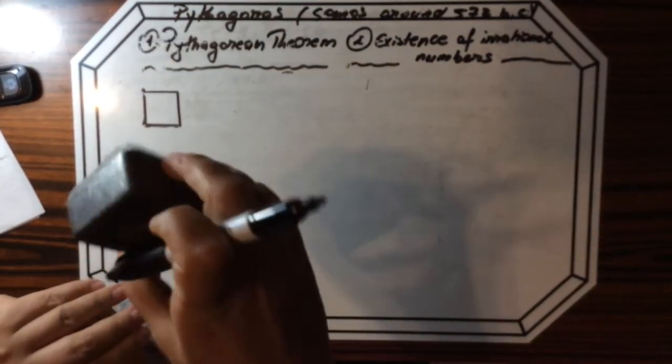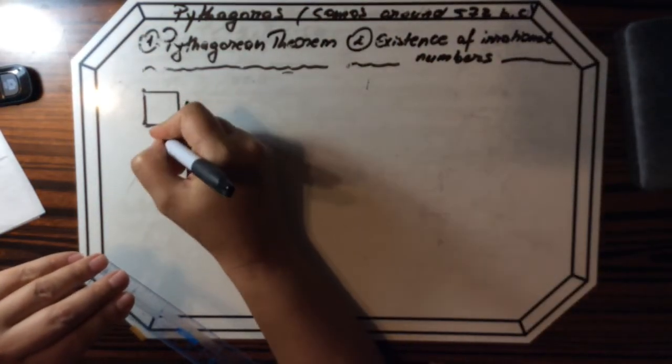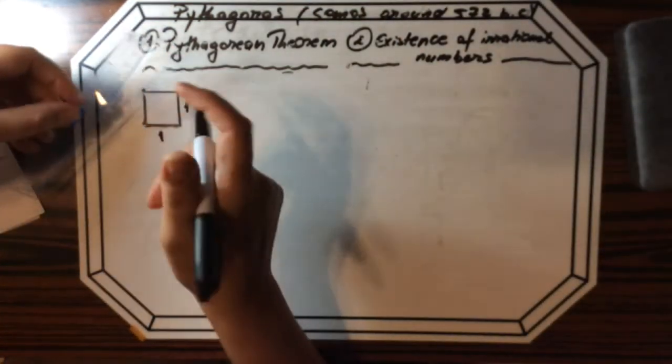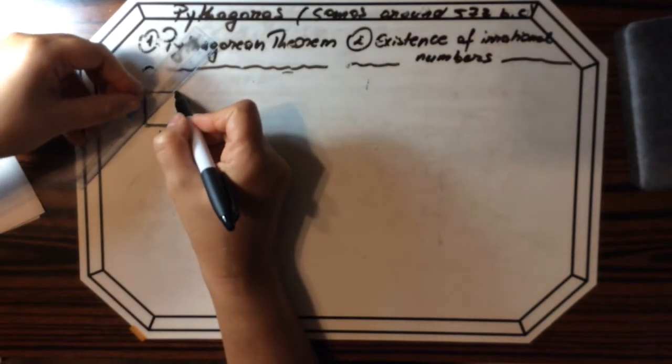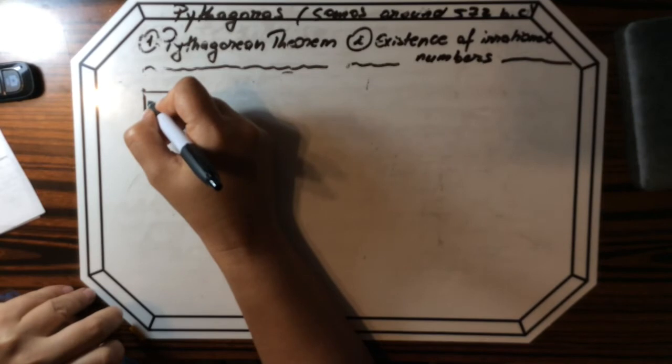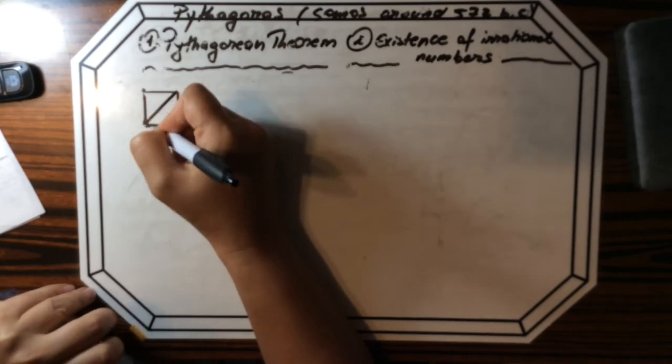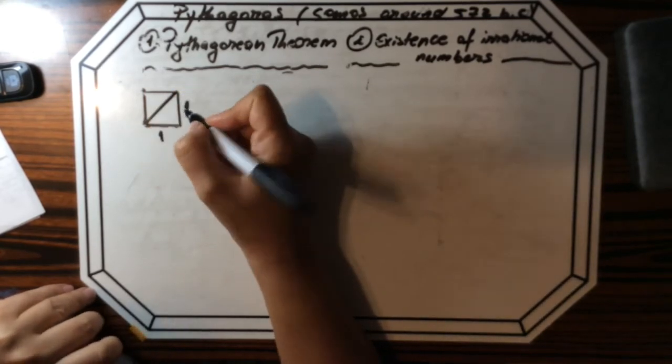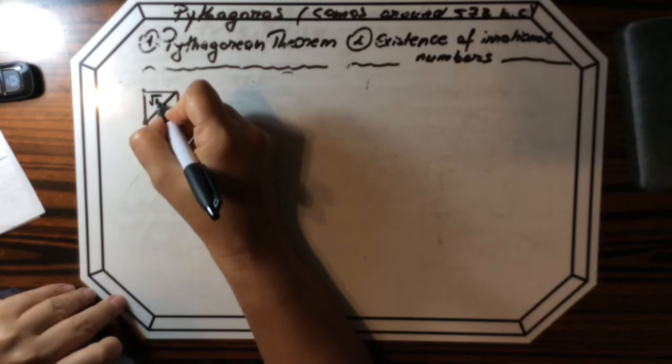So if this is a square with sides of length 1, then as we know from the Pythagorean theorem, the diagonal of the square, or rather the hypotenuse of this right triangle, is simply the square root of 2.